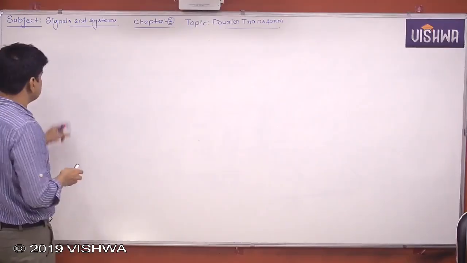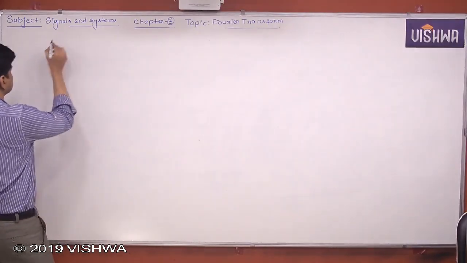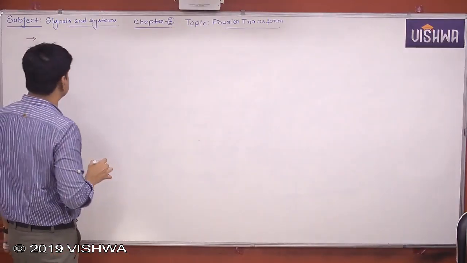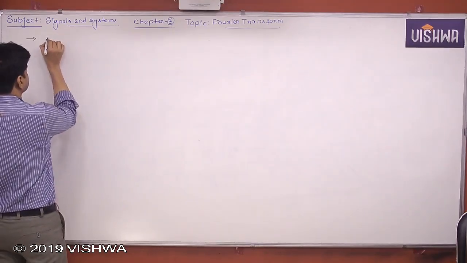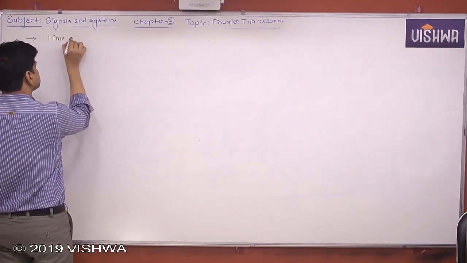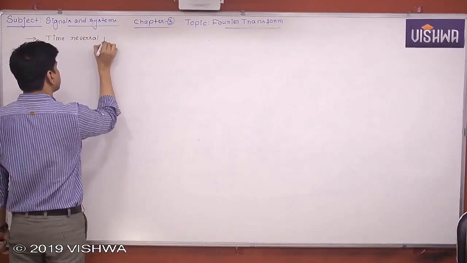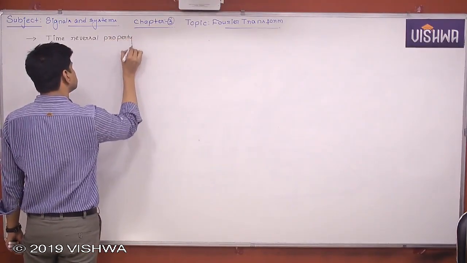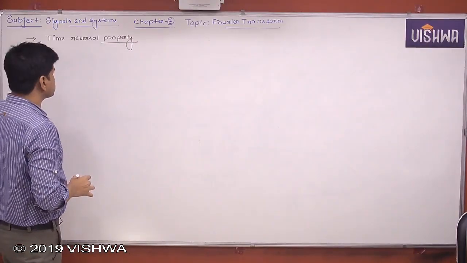Next, let's see the properties of Fourier transform. In that, the first property I have to see is the time reversal property. What is the time reversal property?